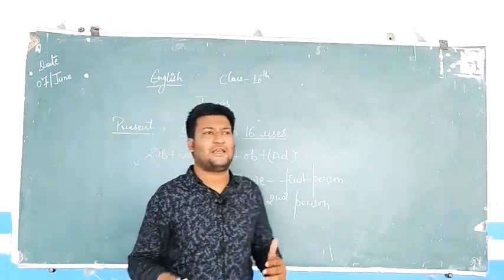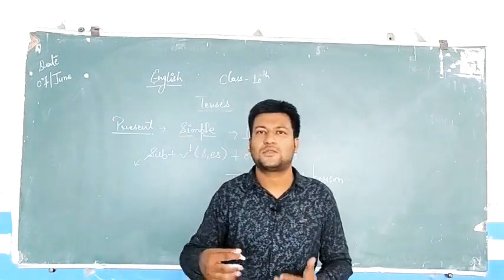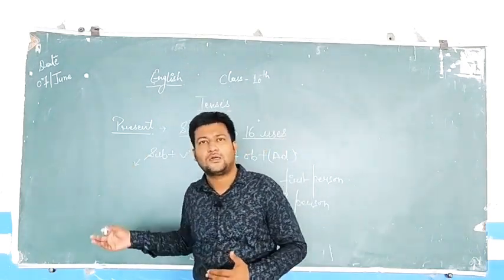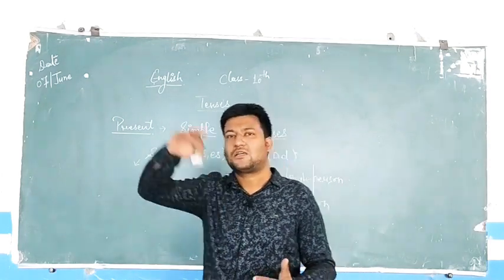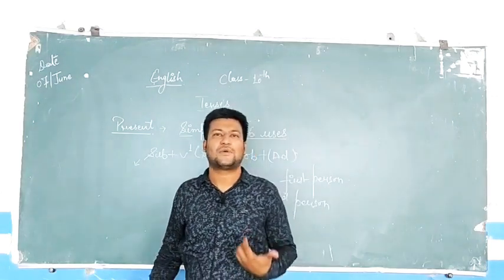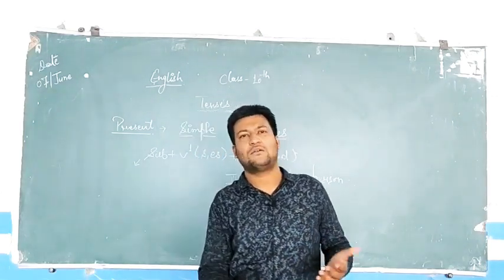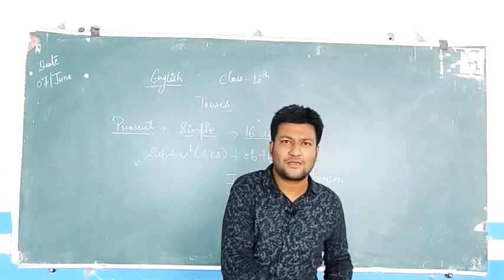And if I am talking to you about tenses, I may also talk about some third person. For example, if I ask you how is your family, then your family is the third person here.